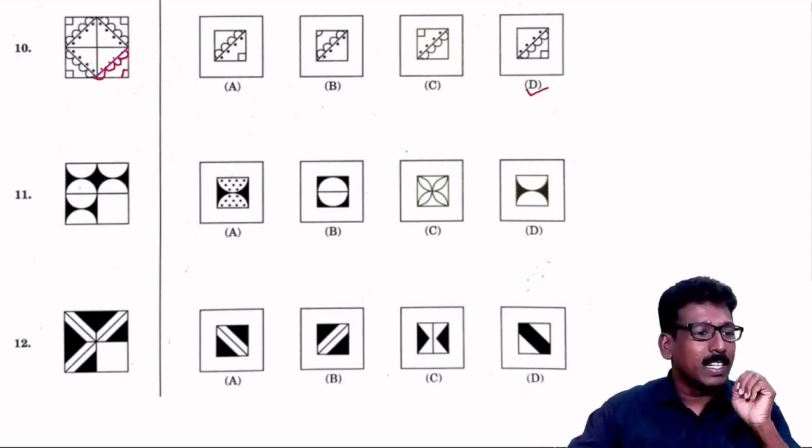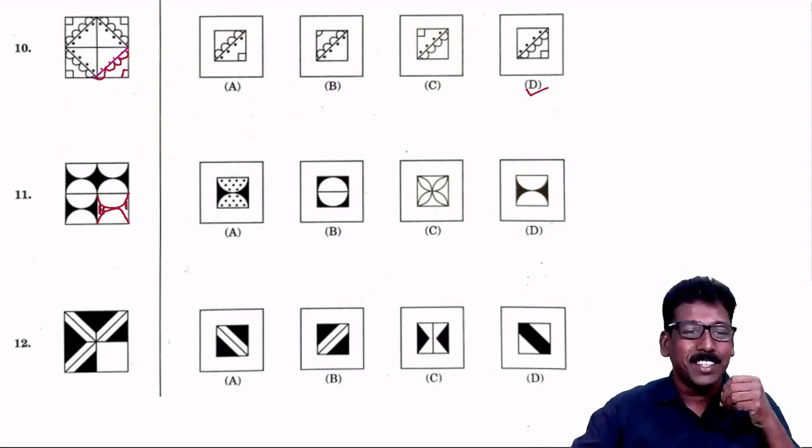Now look at this one, question number 11. Here two semicircles are drawn and the remaining portions are shaded. Of course, the answer will be B. Now look at the next one.